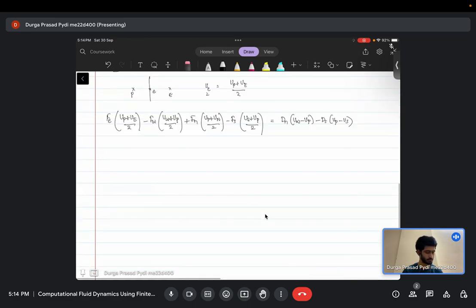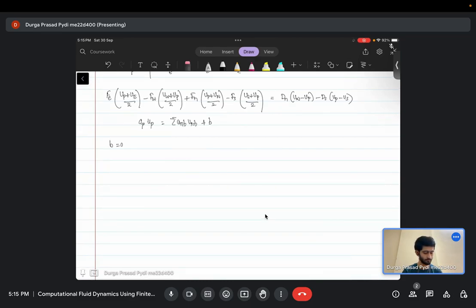If we group the terms together, we will group up terms equals u east terms. We can write this in our standard form, where ap up equals sigma a_nb u_nb plus b, where our b term is essentially 0 in this particular case, since we do not have any source terms.